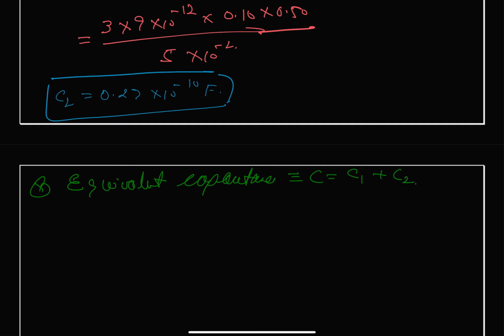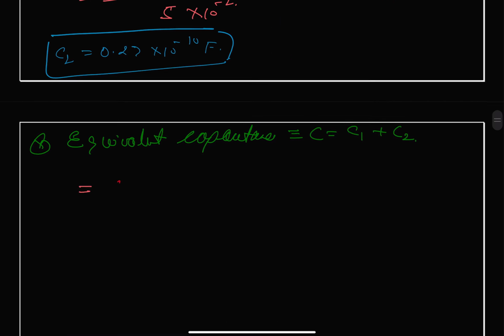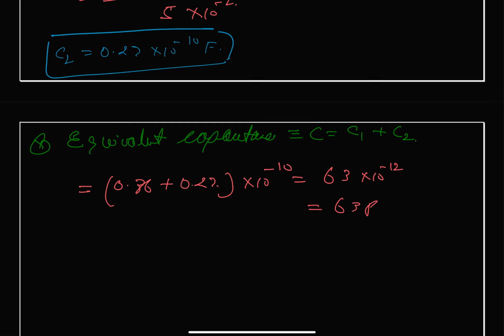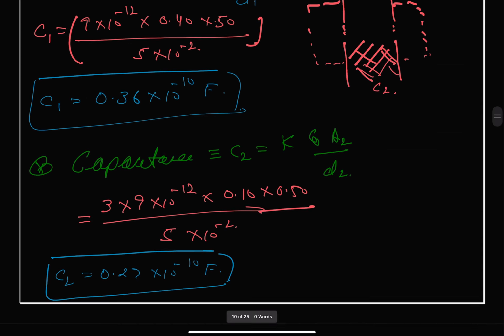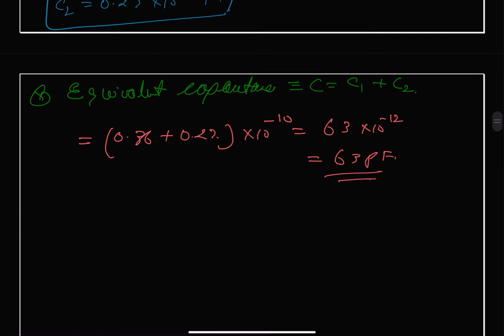Values are known to us, so this will be 0.36 plus 0.27 into 10 to the power minus 10, and this comes as 63 into 10 to the power minus 12, which gives us 63 picofarad. So after 10 seconds, 63 picofarad will be the capacitance.